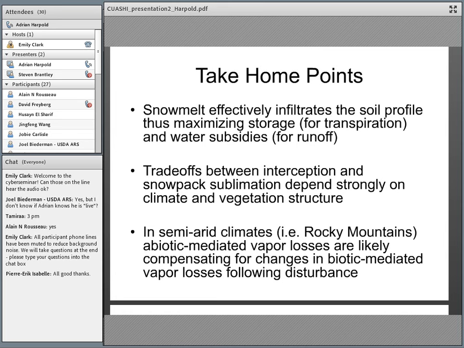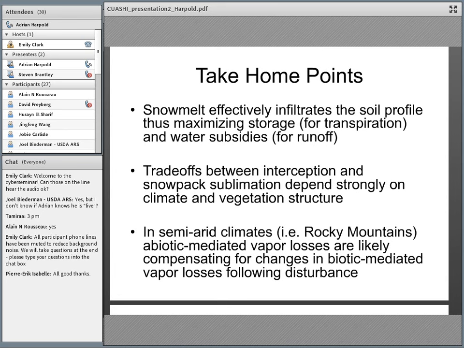that trade-off. And finally, in the sites that we looked at in the southern Rocky Mountains, we believe that abiotic-mediated vapor losses are compensating for changes in biotic-mediated vapor losses following disturbance.